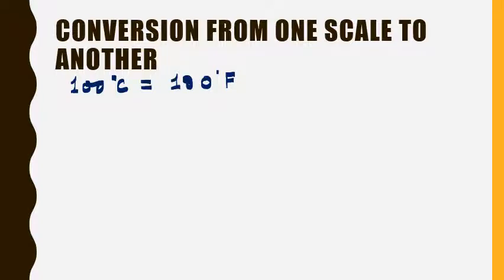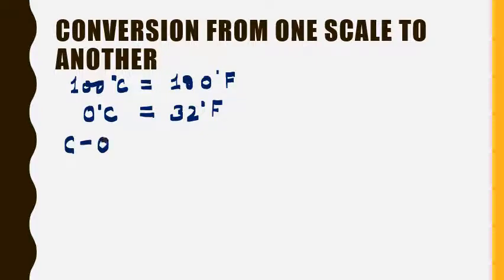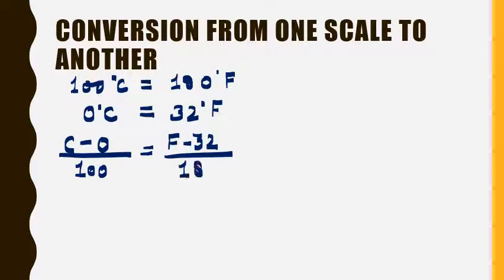And if we talk about the lower fixed point, we can say that 0 degree Celsius is equal to 32 degree Fahrenheit. Therefore, the relationship between the two scales can be given by (C minus 0) upon 100 is equal to (F minus 32) upon 180.